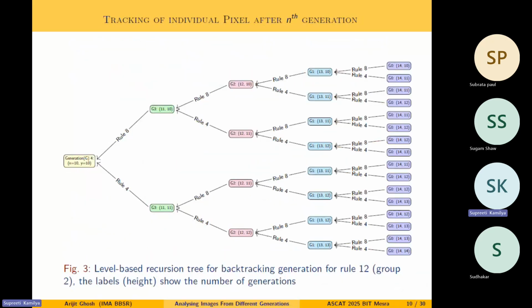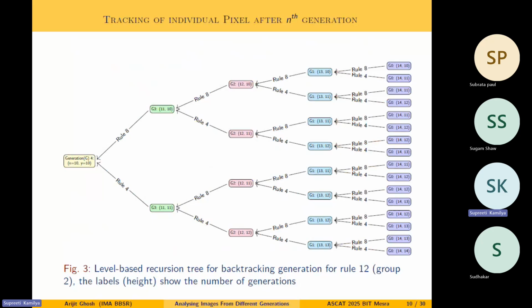The pixels responsible for the formation of an image are tracked with the help of the backtracking method. So here we show the level-based recursion tree for backtracking for the fourth generation for rule 12.